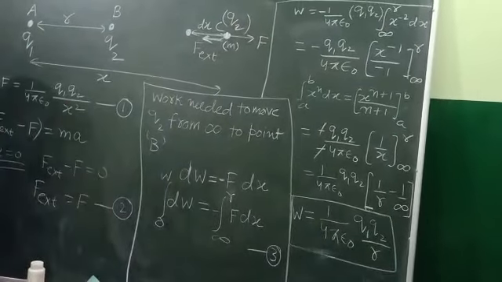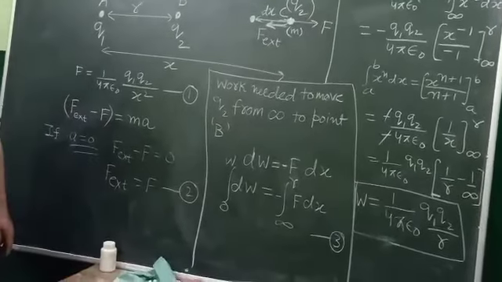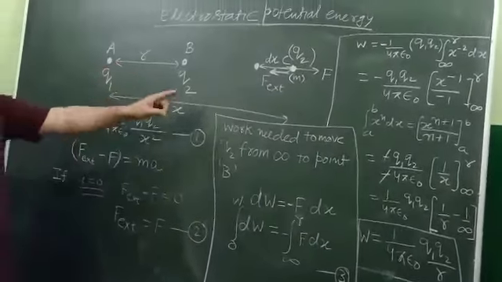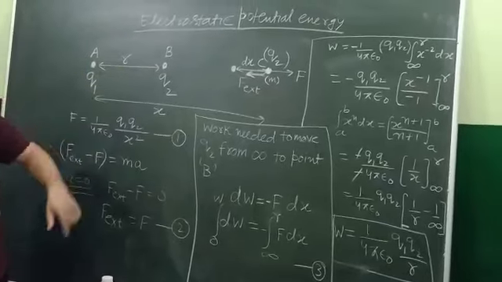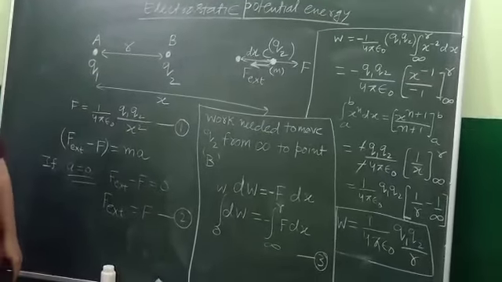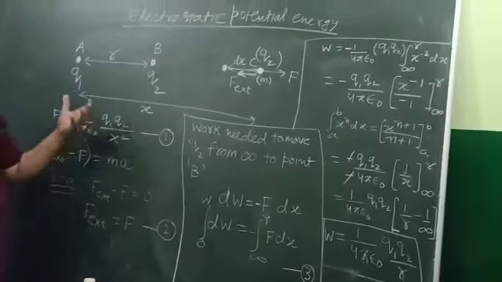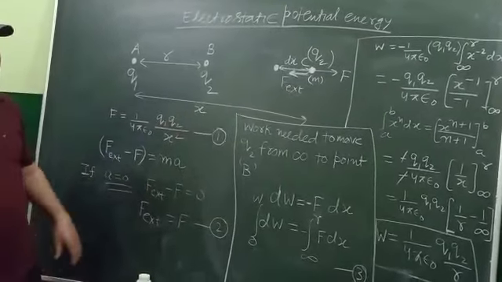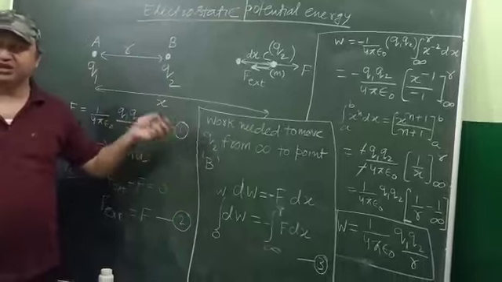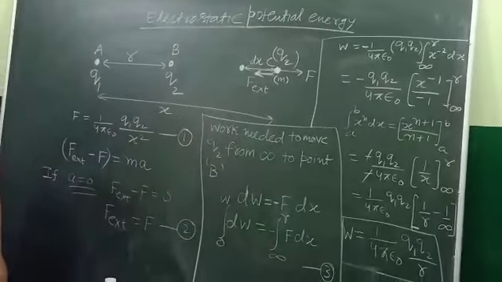So this is how we can determine the work done in moving the charge q2 from infinity towards point P. And this work is stored in the system, and this stored energy in the system is called the electrostatic potential energy of the system.